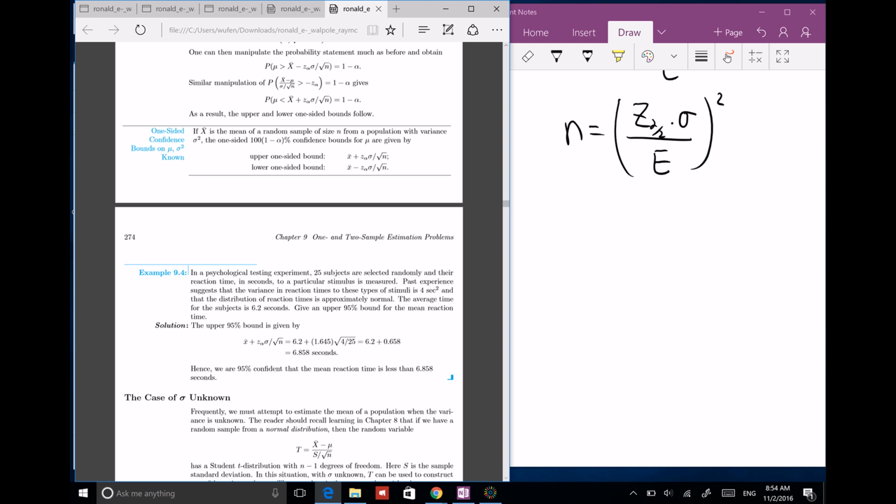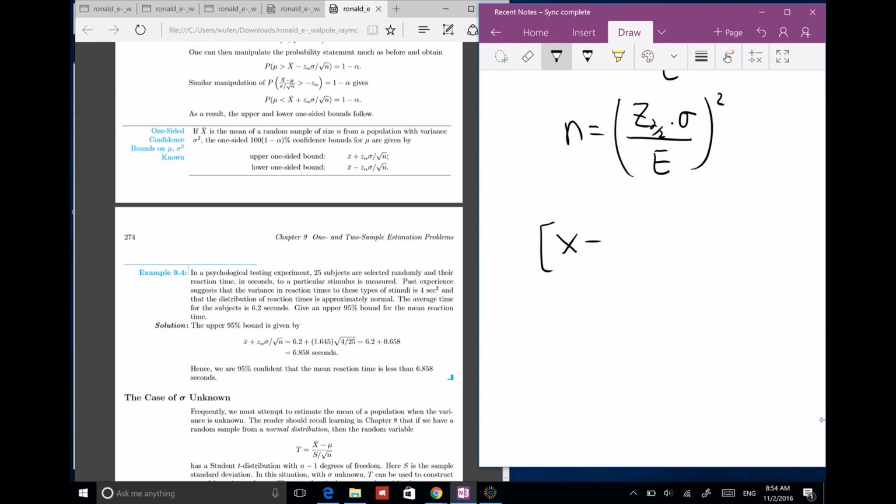Next is the one-sided bound, a lower or upper one-sided bound. Previously it was two sides, right? x bar minus z alpha over 2 sigma over the square root of n, and x bar plus z alpha over 2 sigma over the square root of n.